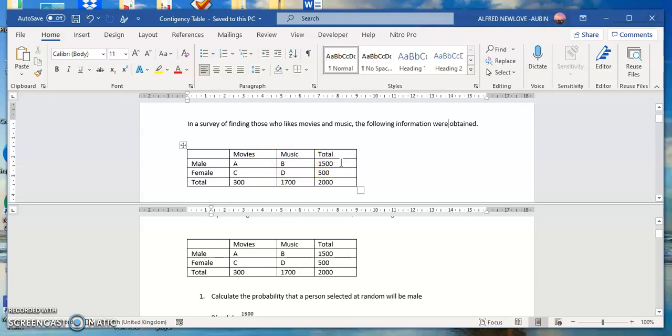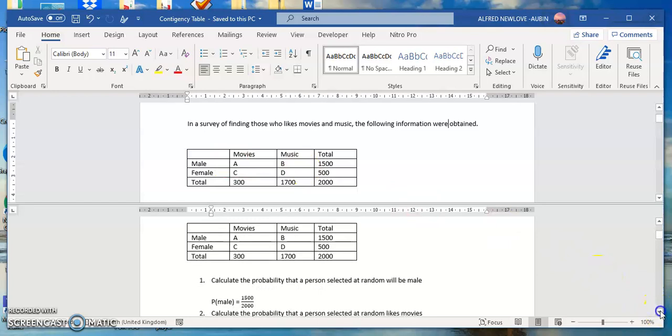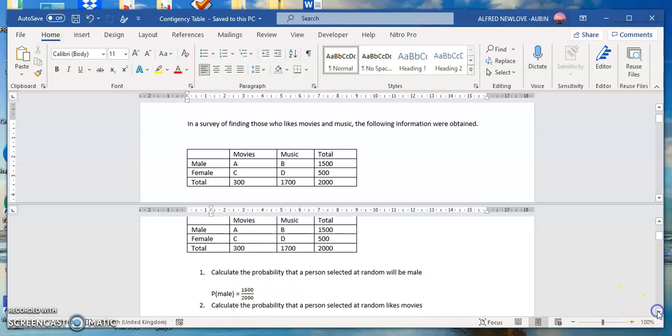And we know probability is the number of successes over the total possible outcomes. So the probability of selecting a male is going to be 1,500 over the grand total, which is 2,000. Are we together? Okay, let's look at the next one.